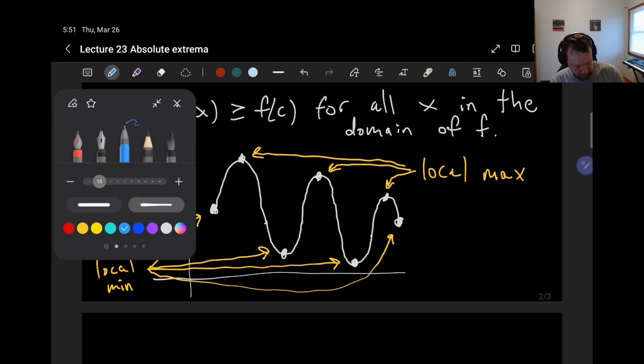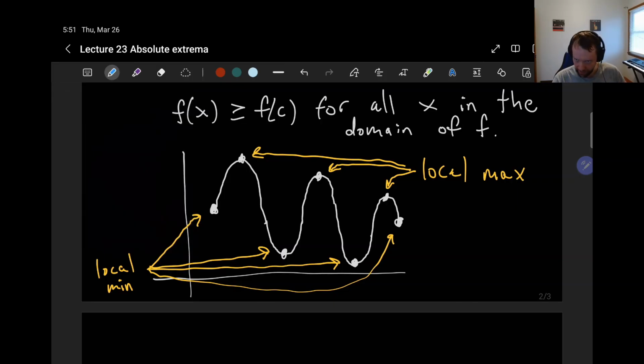Now, an absolute maximum is not just talking about its little neighborhood, but the highest point overall in the whole domain. And that would be what I just circled. It's the only point that reaches this high. So this is an absolute maximum.